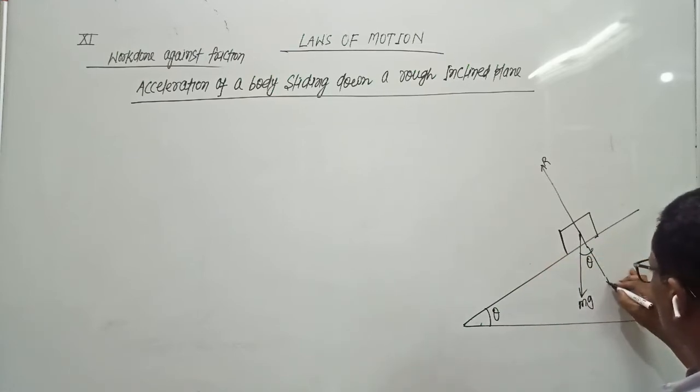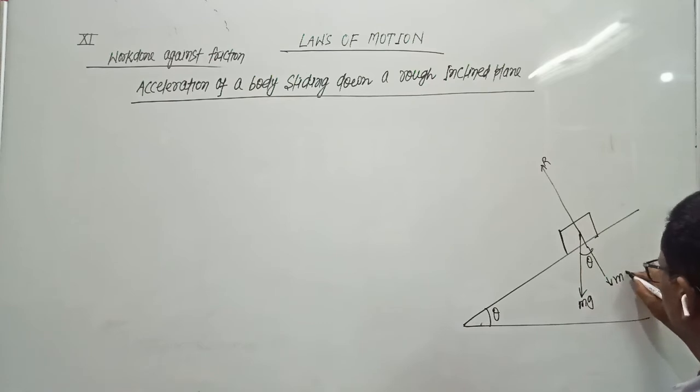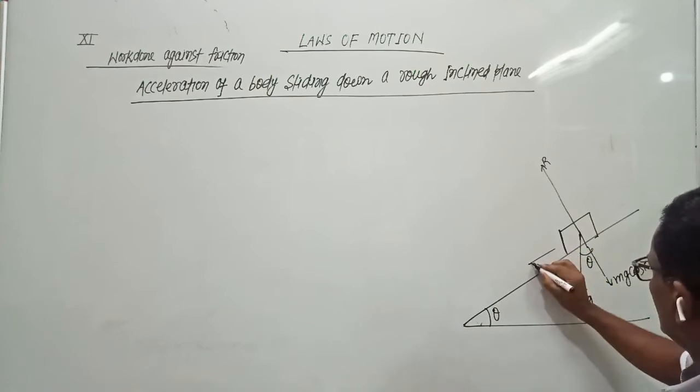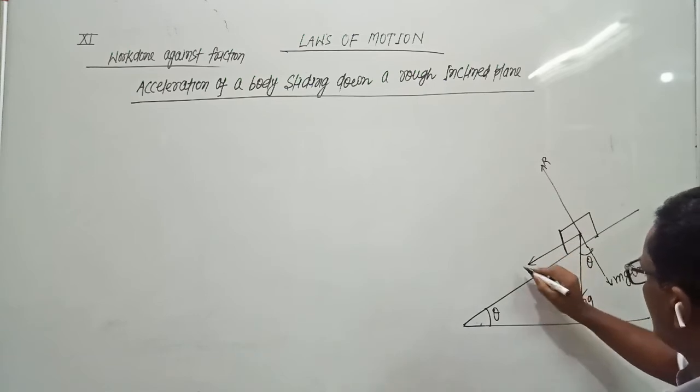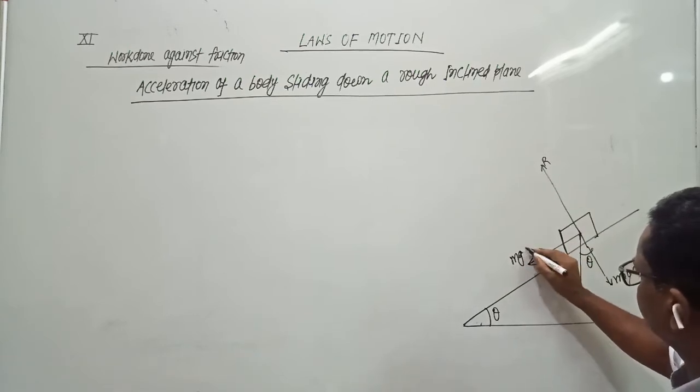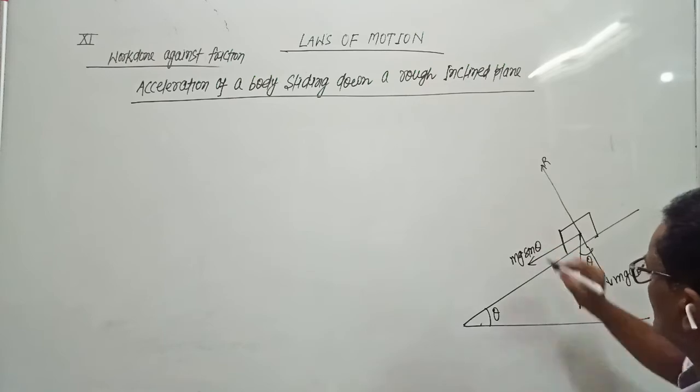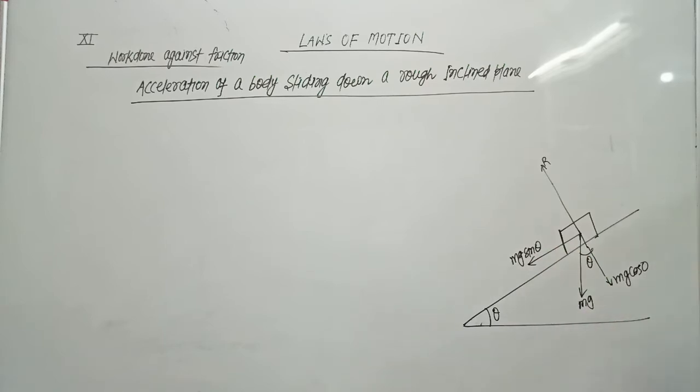So there must be two components, mg cos theta and another, mg sin theta. And the body is sliding down. So the force of friction acts in the upward direction, the kinetic force of friction Fk.